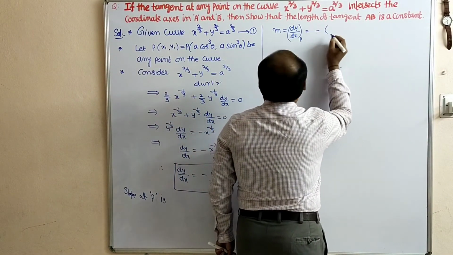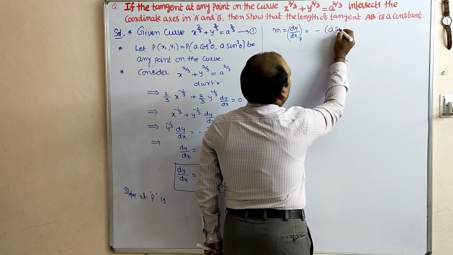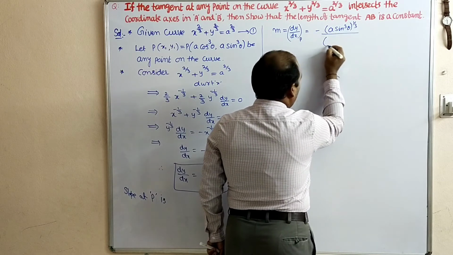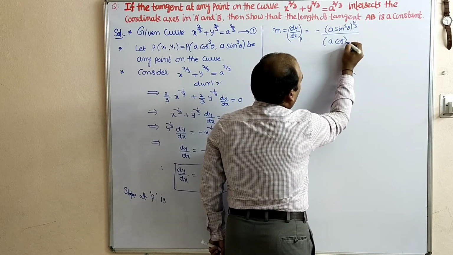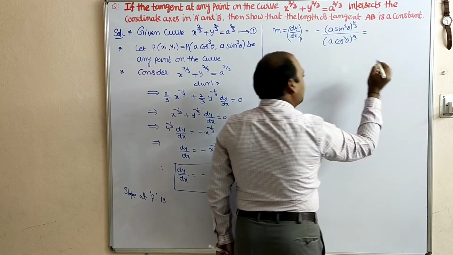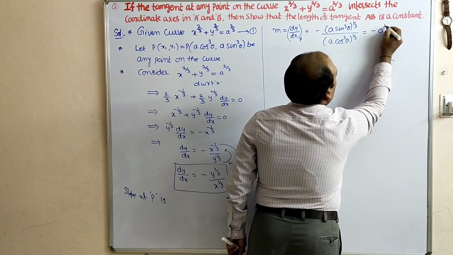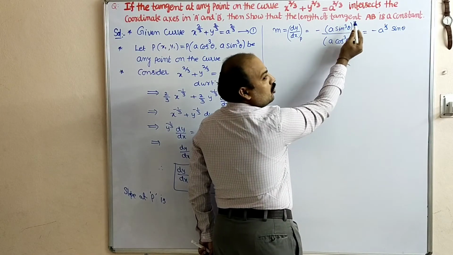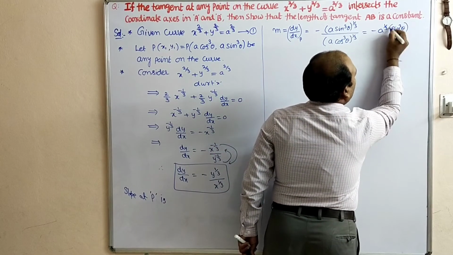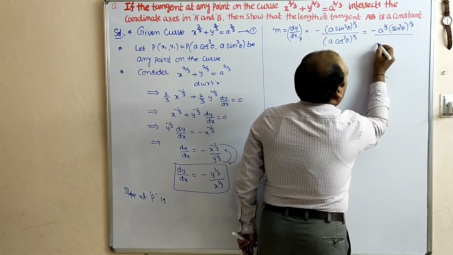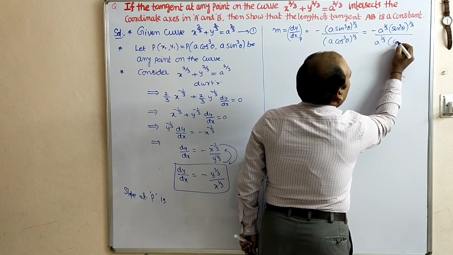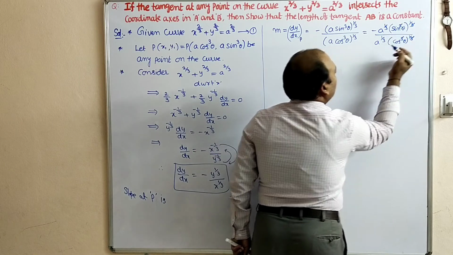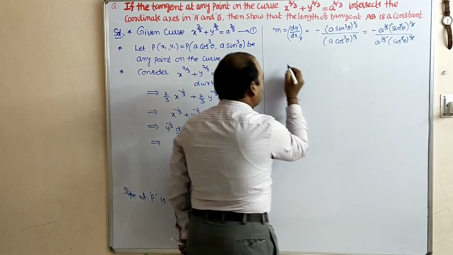Minus y power 1/3, where y value is a sin cube theta whole power 1/3, divided by a cos cube theta whole power 1/3, which is equal to minus a power 1/3 sin theta divided by a power 1/3 cos theta, because sin cube theta whole power 1/3 is sin theta. Here the 3 gets cancelled, a power 1/3 and a power 1/3 get cancelled.